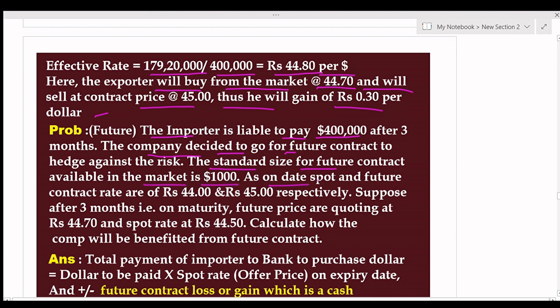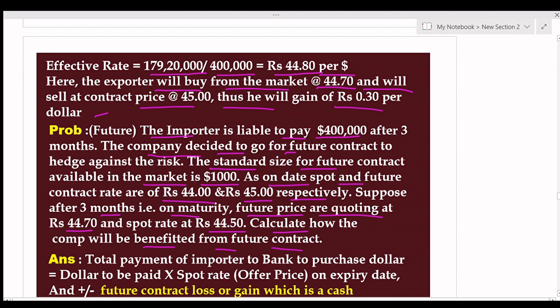As on date, spot and future contract rate are of rupees 44 and rupees 45 respectively. Suppose after 3 months on maturity, future price are quoting at rupees 44.70 and spot rate is at rupees 44.50. Calculate how the company benefited from the future contract.